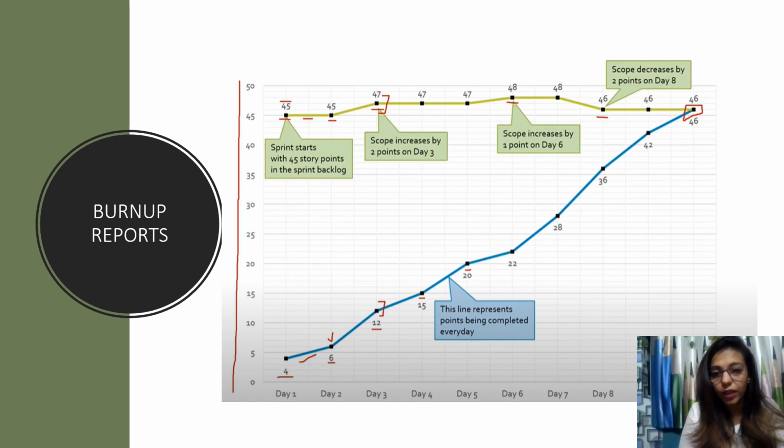So now we are meeting up with the 46 completed story points. So this goes with the completion, also with the scope which is there. Whenever there is a change, we could come to know, oh yes, here we have a change, and this is how we are following the burn up chart. This is the main difference between burn down and burn up.